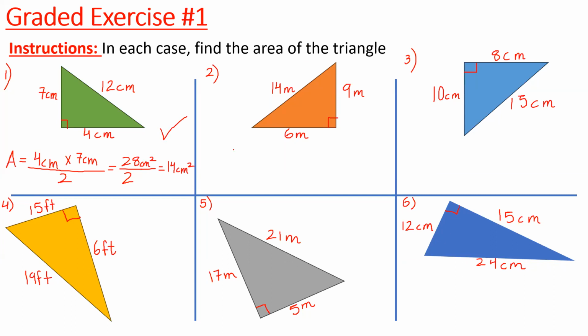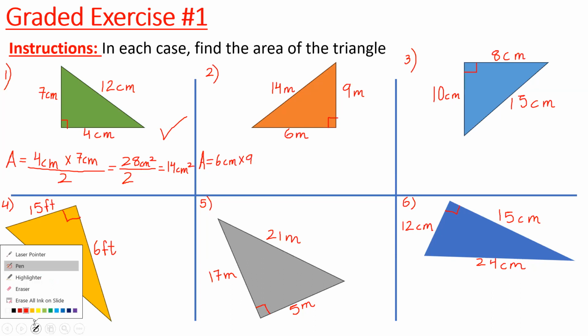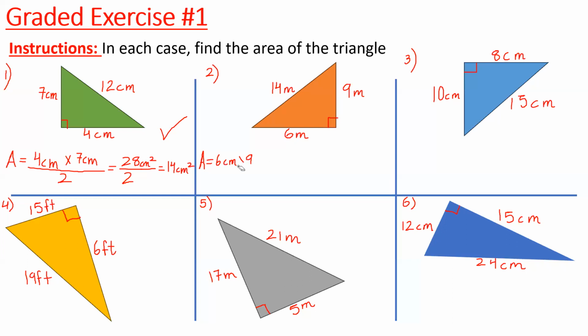Number 2, we have the area is going to be base times height. What is the base? 6 centimeters. What is the height? 9 meters. It's meters, not centimeters, right?